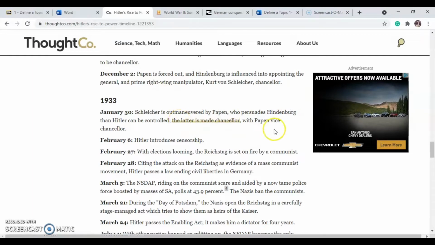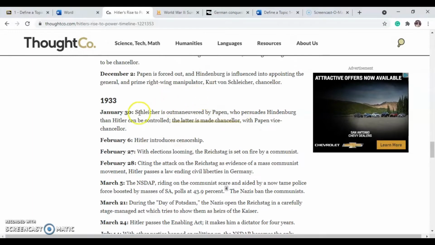Well, pretty much the politicians. What happened was the German politicians thought that they could control Hitler, which did not seem the case.